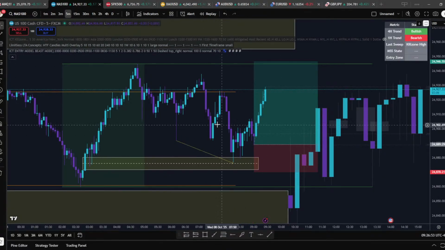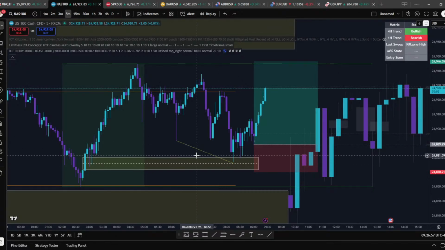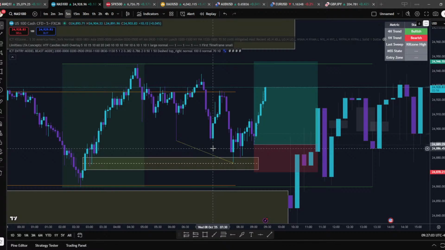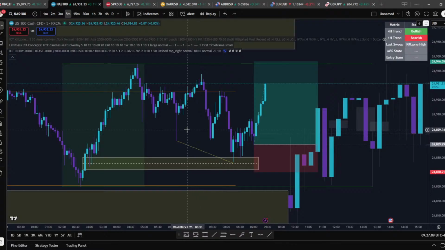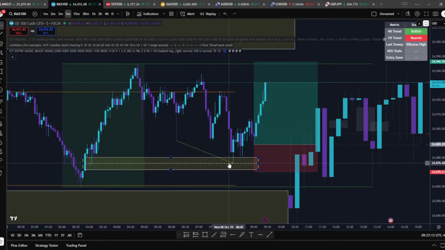If it meets certain requirements and it meets certain criteria, this is how you've got to be robotic. It's got to be boring and robotic. Because you've got to be like, I'm seeing an SMT, I'm seeing a fair value gap be respected, it's hit the OTE level, or the golden pocket level, whatever.